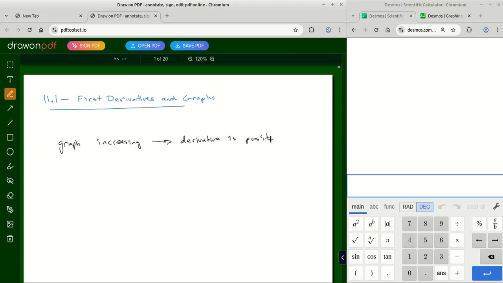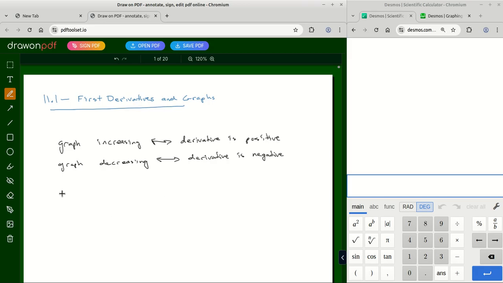And I think what I'm going to do is actually double arrow this, because if you have the derivative positive, then the graph would be increasing. And I'm going to explain all this here in a second. If you have your original graph decreasing, then your derivative is negative. But you probably already figured that out before I even said anything.